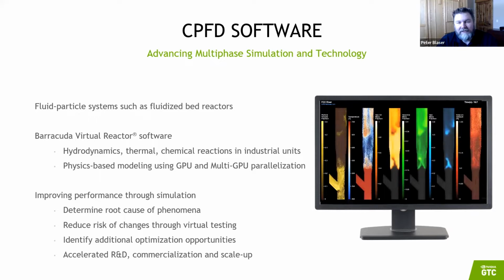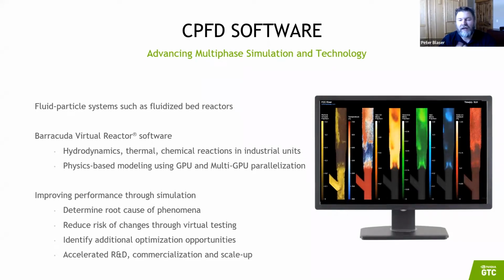And so the way it's typically used is for existing units, to improve the reliability and performance of industrial units that often operate, I'll say 24/7 for maybe 5 years on end. So any small change to throughput or uptime makes a huge difference.